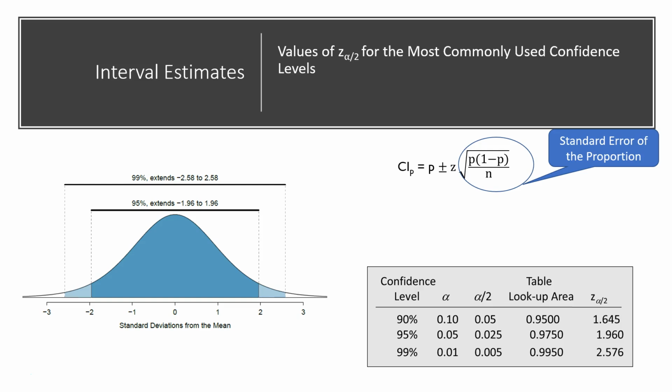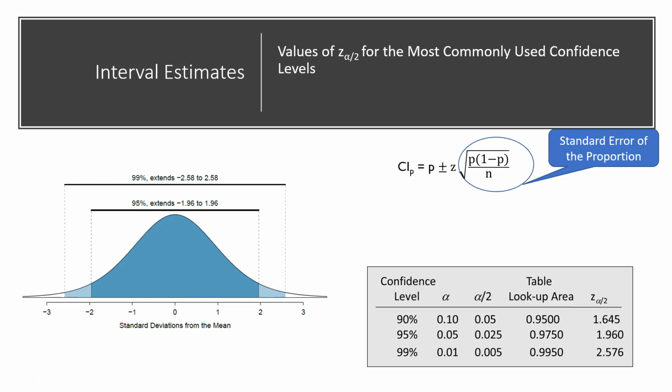Therefore, you really need to look at half of the alpha value. So in the case of a 95% confidence interval, you will need an alpha of 0.05 split evenly between the top tail and the bottom tail. That means that you're going to have 0.025 on the bottom and 0.025 at the top.